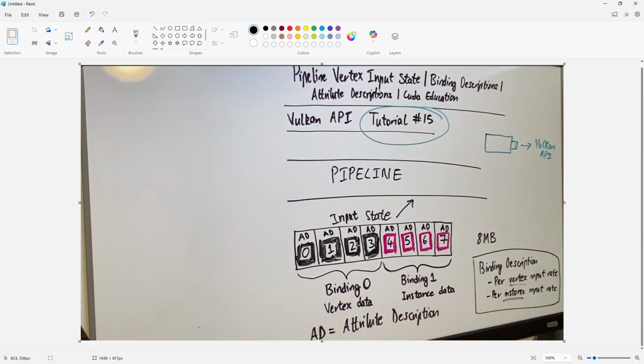That's my logic. That's my understanding. So each vertice is going to consume these 4 megabytes of data. Okay. Each vertice. So remember, the mesh is made of many vertices. A triangle is made of 3 vertices, right? So each vertice is going to consume these 4 megabytes of data. Okay. And that is associated with binding 0, right?